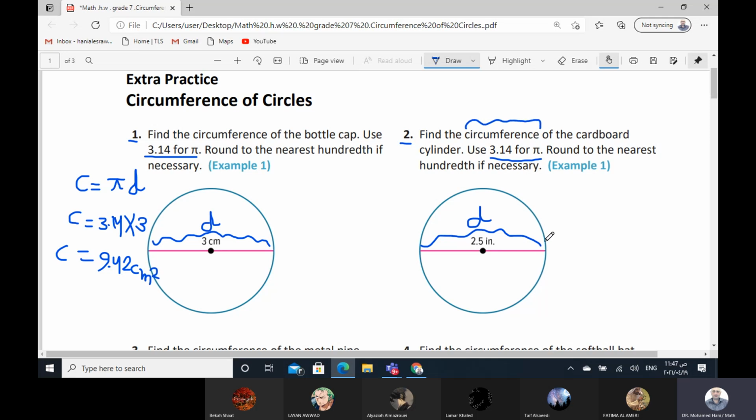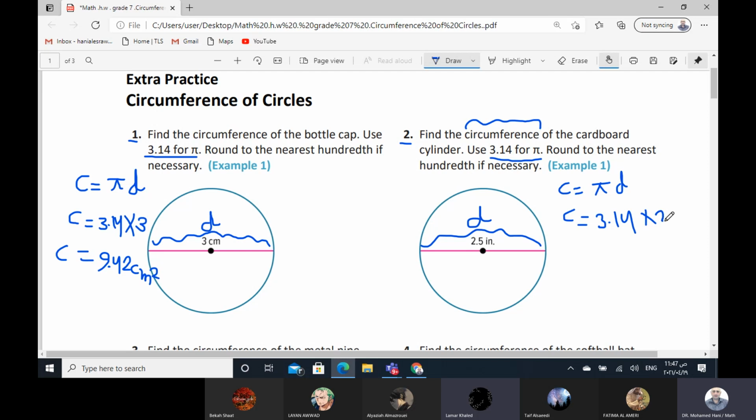So what do I do to solve the circumference? Mister, we're gonna put C equal pi d, and then C equal 3.14 times 2.5 inches. Then we'll multiply it, and the answer will be 7.85.